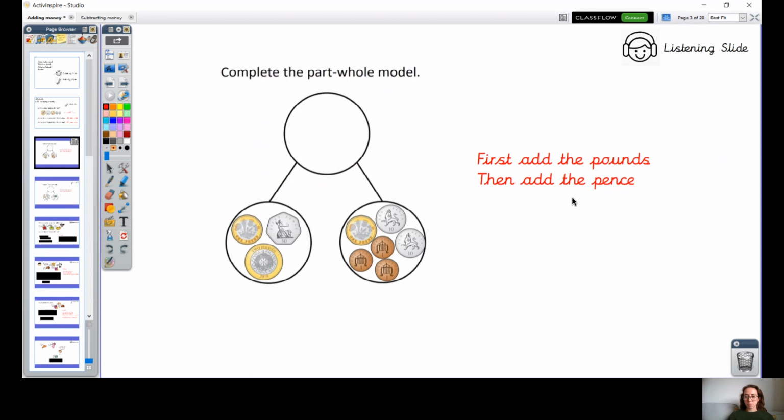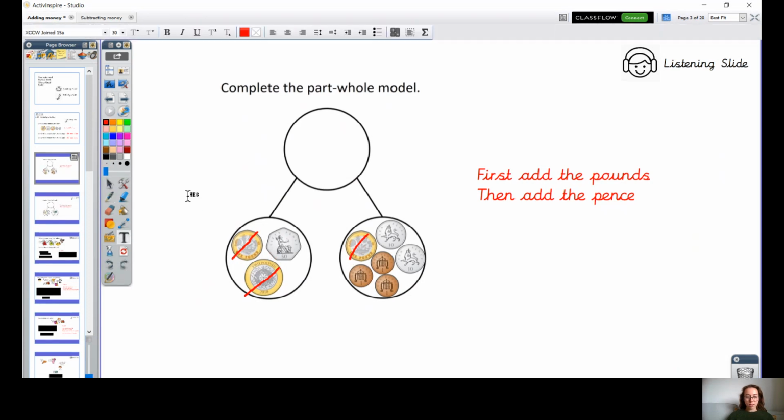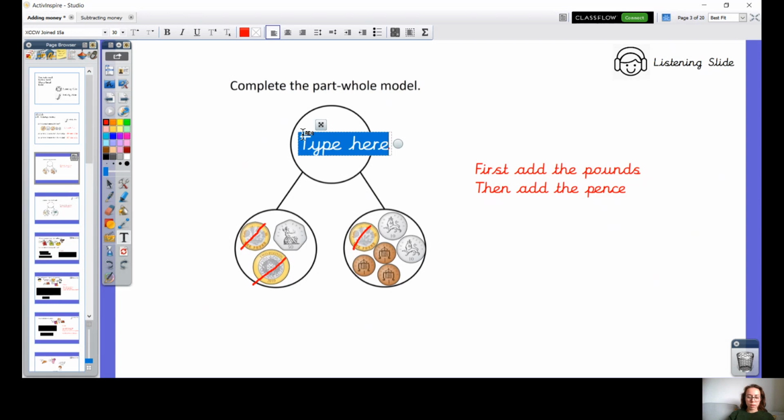So we're going to use the stem sentence here to help us with our maths today. The first one says, first add pounds. So let's have a look at these 2 little parts and see if we can spot the pounds. I've found 2 there, another one, that's 3, and that's 4. So I've added the pounds, so I know the whole is going to have £4 and something.